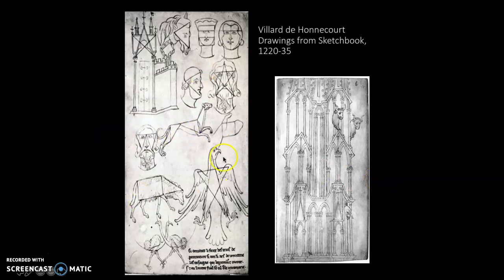We also see here, this page is fascinating to me, the way that Villard de Honnecourt is taking simple geometric shapes and superimposing them on natural forms, on faces, animals, trying to kind of understand the basis of design that he sees around him.